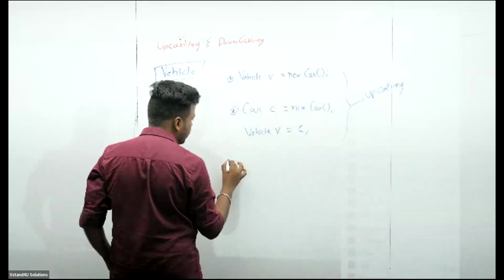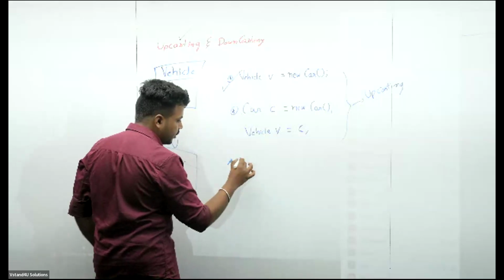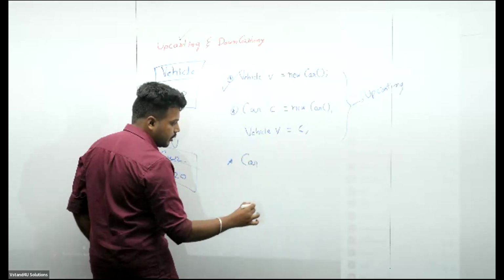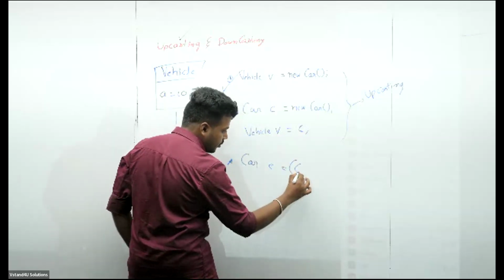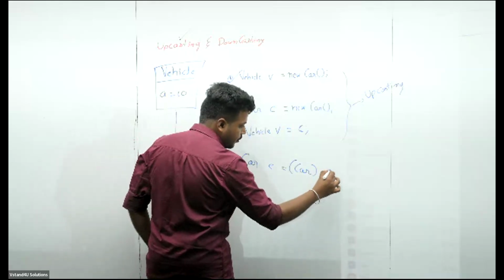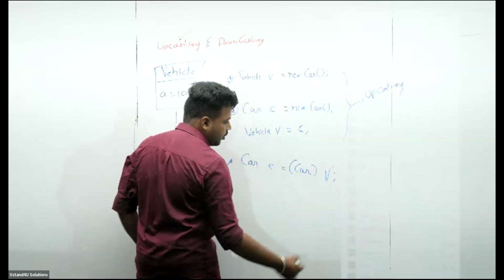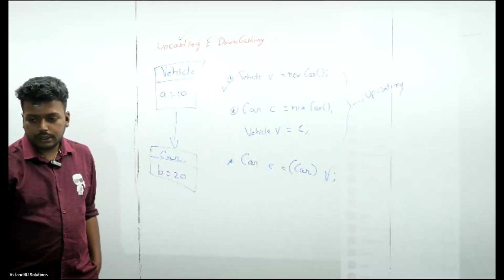Now tell me the downcasting. For downcasting, upcasting is mandatory. Car c equals, in parentheses, the subclass. Now it becomes downcasting. Understood?